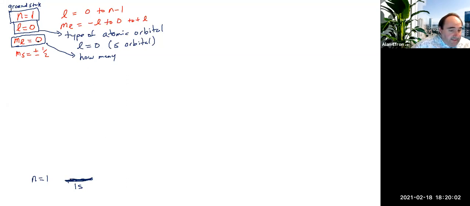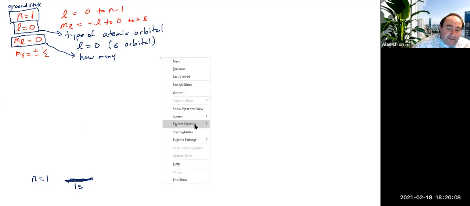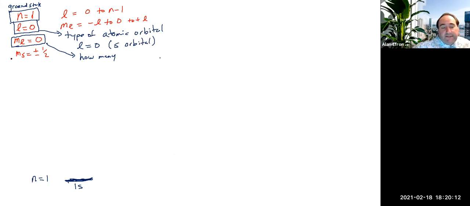It's really the orientation, but in case you could also think about it as how many there are. And what does that M sub S mean? So the M sub S means that if we were to put some electrons into that orbital, again, it could only have 2 electrons.